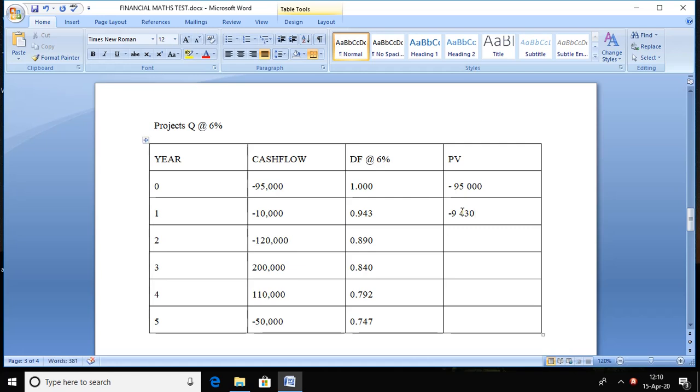Multiply that, that's a negative 106,800. The next one is a positive value, 168,000. When you multiply that, you should get 87,120. Finally, it's going to be a negative 50,000 by 0.747. That's going to be 37,350.